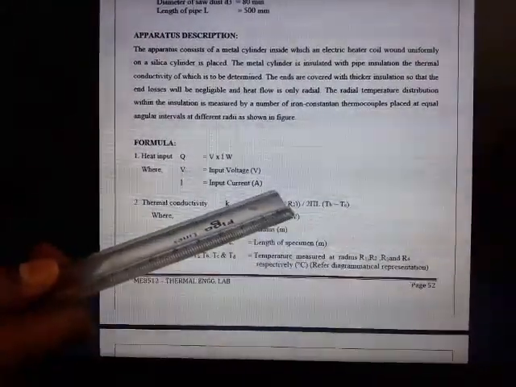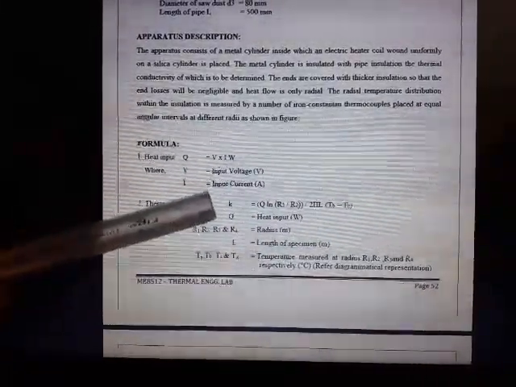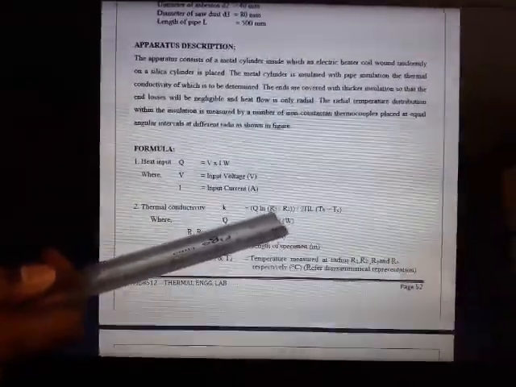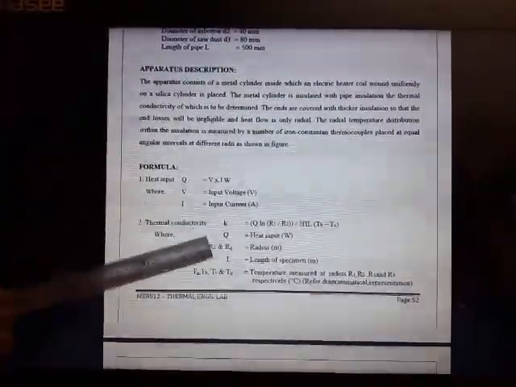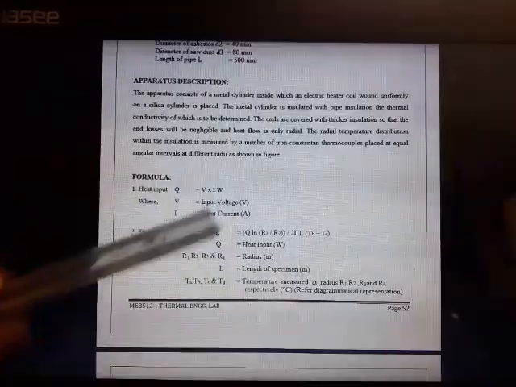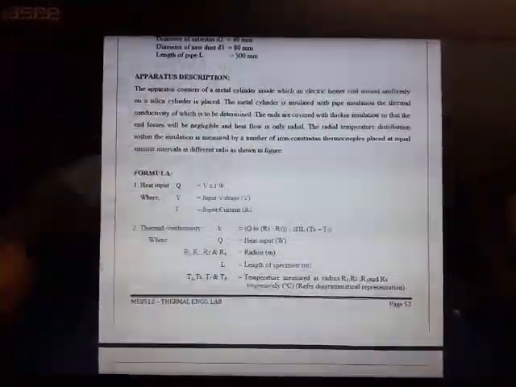That is the only difference between the calculations for asbestos and sawdust, and the formula is otherwise the same. In this way you can calculate the thermal conductivity for the two insulation materials, sawdust and asbestos. This is the general arrangement and working principle of the lagged pipe apparatus.